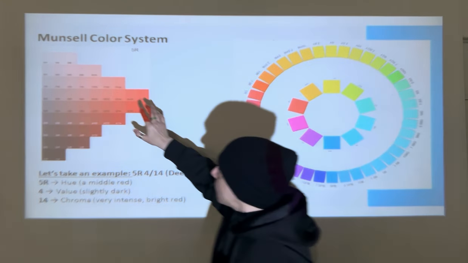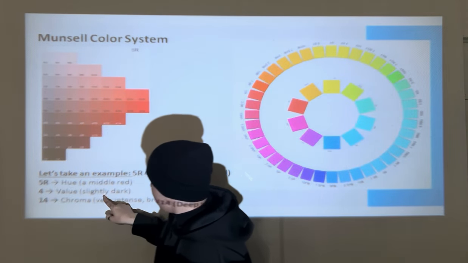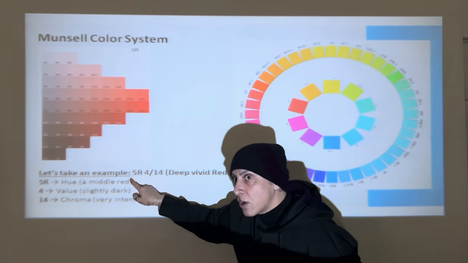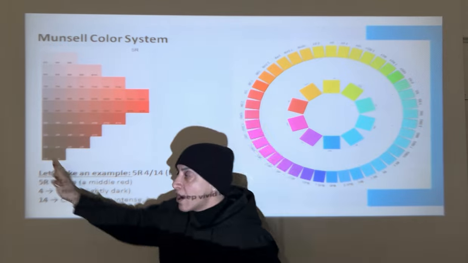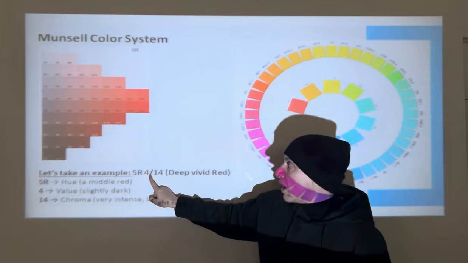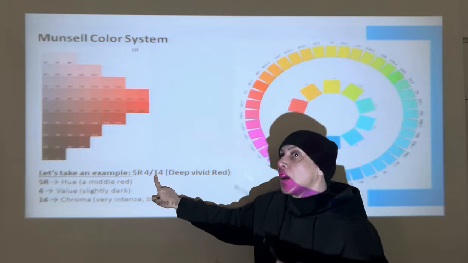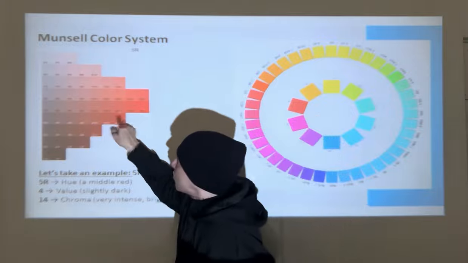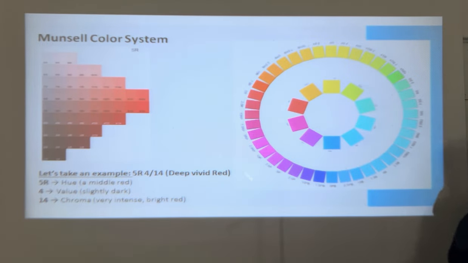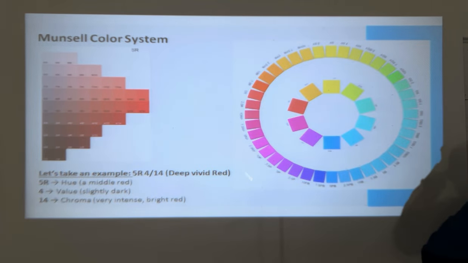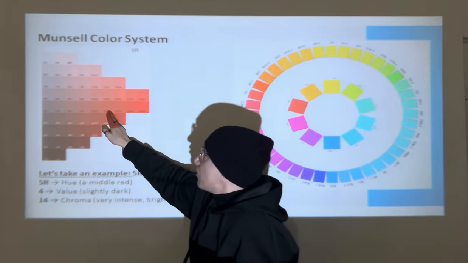So each of these, like this is the 5R, for example, options. Each of these has these numbers, okay? So all of them are 5R, but where, how light, how dark, it comes with a number. How much is the chroma, the purity of the color? For example, 14. So where is it located? Here, for example. So we know exactly what this color looks like, because many of the colors are similar. How can you identify this compared to this?